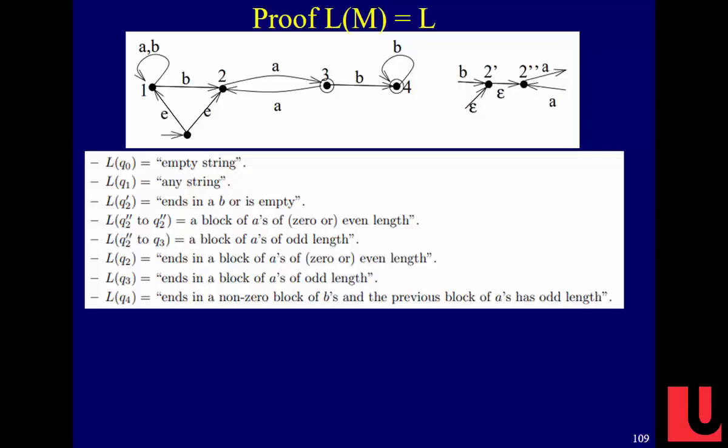Now I have a choice, right? And hopefully I have a fairy godmother to help me. I can either read this 1 and follow one of these arrows, or I could follow this arrow and not read the 1, and then I could follow another epsilon and not read the 1, and then I read the 1. Right? And why do we have them?